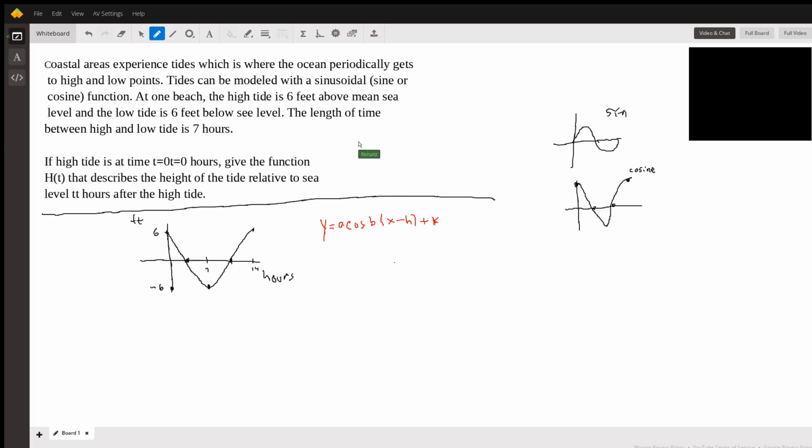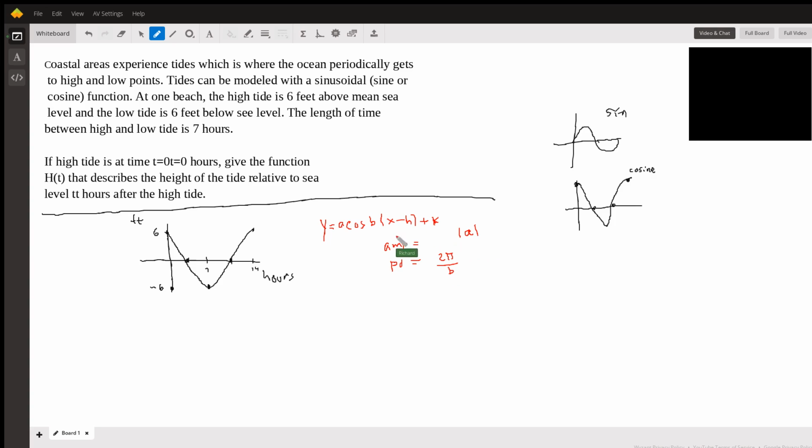We don't have any horizontal or vertical shifts here, but we do have to calculate the A and B. The amplitude is just the absolute value of A. And the period is 2 pi over the absolute value of B.